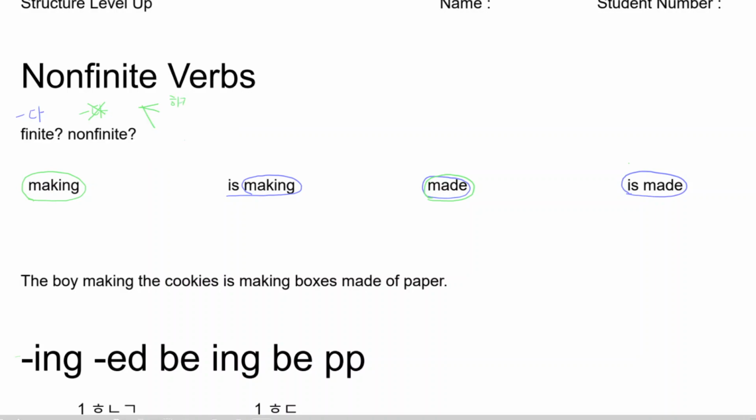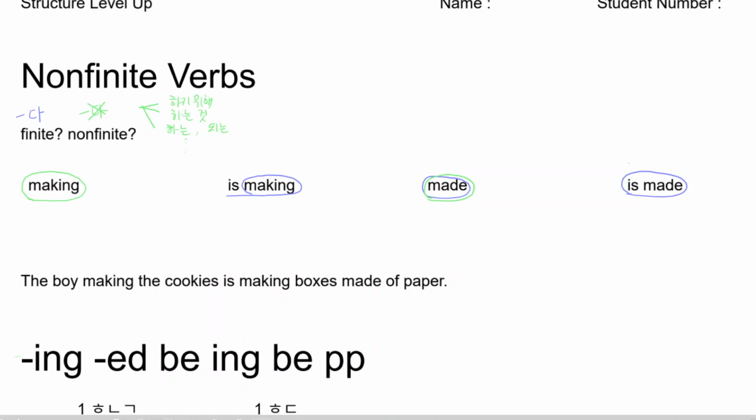하기 위해, 하는 것, 하는, 되는, right? So things like this are called non-finite verbs. They're from verbs, but they got modified into something else. That's non-finite verbs.